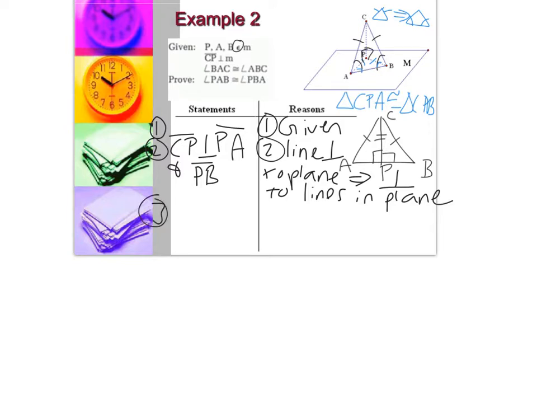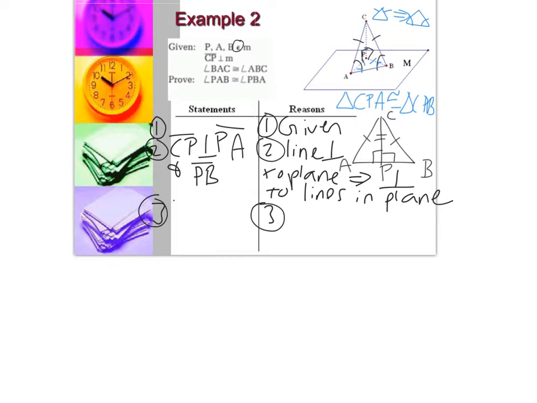And the reason is if a line is perpendicular to a plane, then it's perpendicular to lines in the plane. Obviously those have to go through the foot, otherwise how can they be perpendicular if they don't even touch?